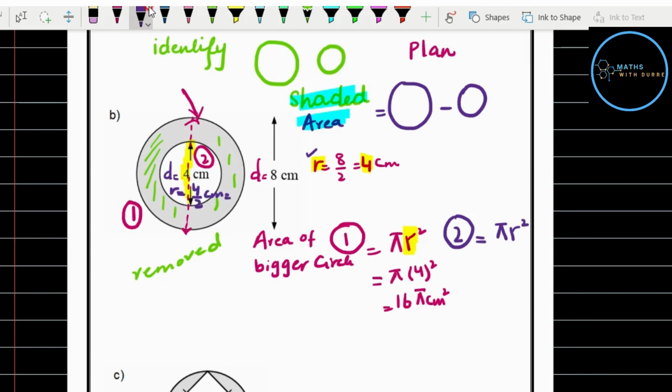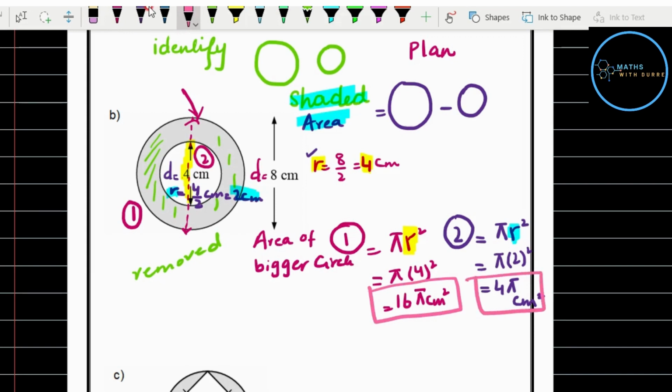So you can easily get 2 centimeter. So now we will substitute 2 instead of this r as radius. So pi 2 square, 4 pi centimeter square.